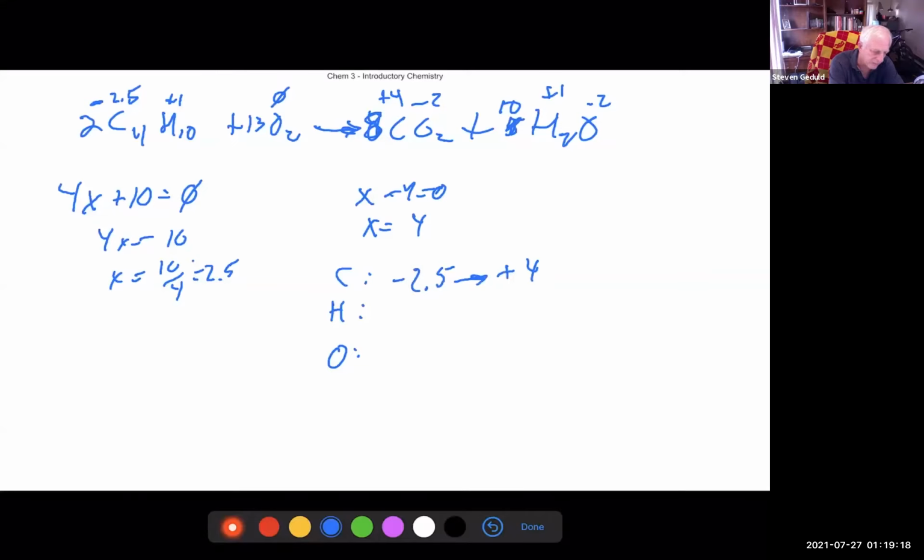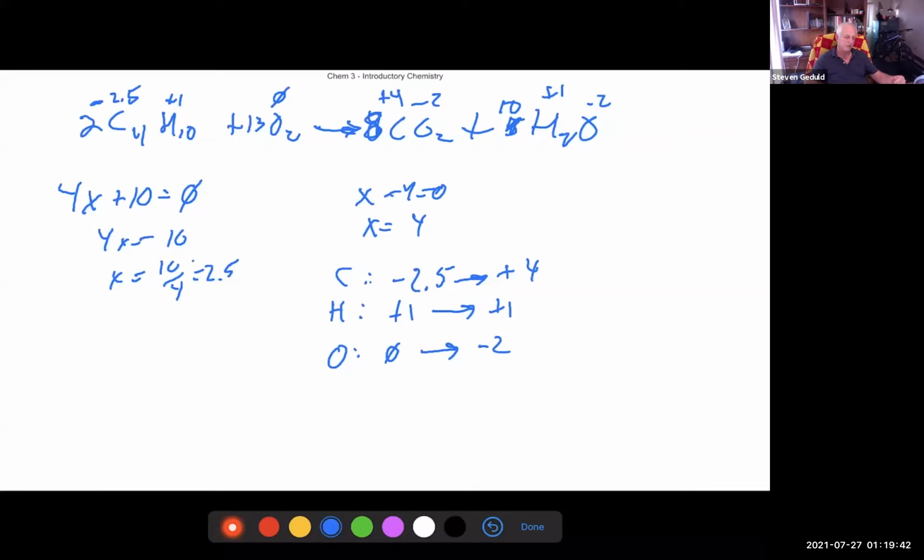Hydrogen went from +1 to +1. Oxygen went from 0 to negative 2. So carbon went from negative 2.5 to 4. What's happened to carbon? Oxidized or reduced?